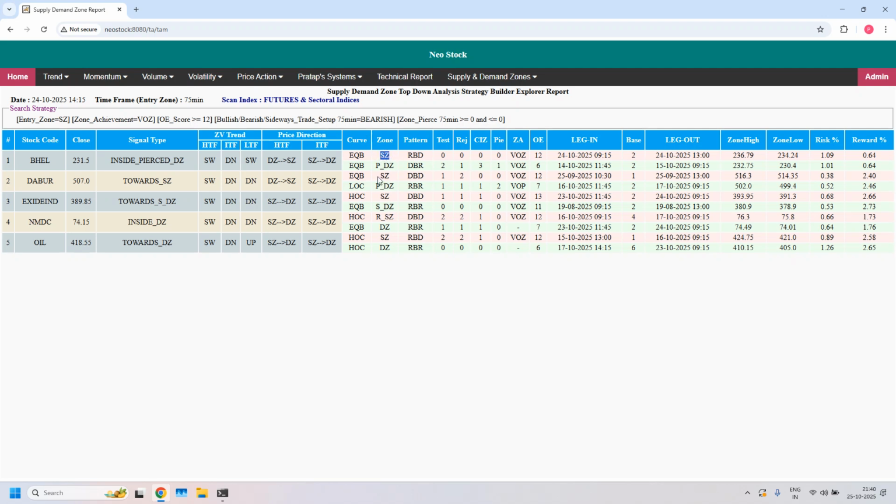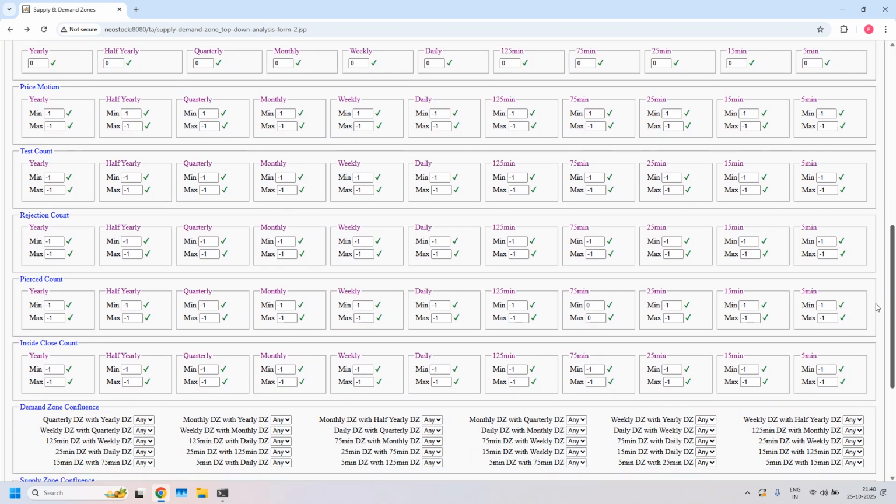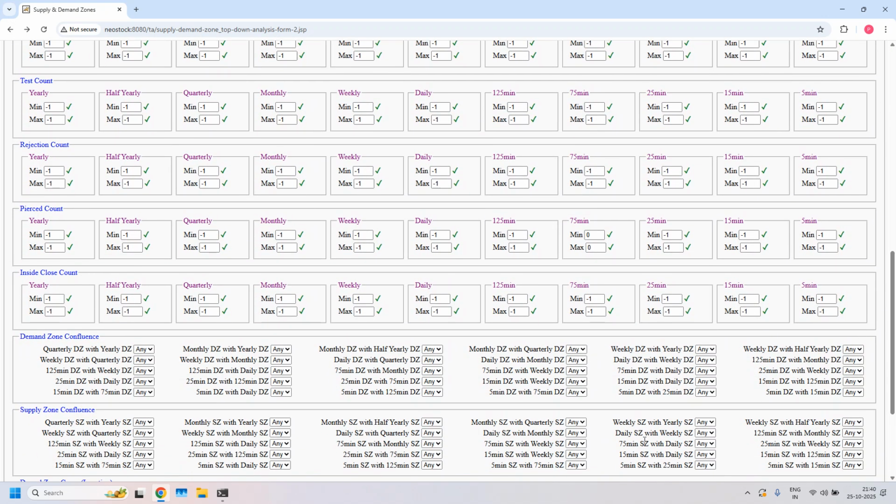Entry time frame zones are 75 minutes supply zones. You should plan trades in these zones only if the lesson 27 checklist strategies, two strategies, are applicable. First strategy, LTF and ITF supply zone confluence. That is 75 minutes and daily.